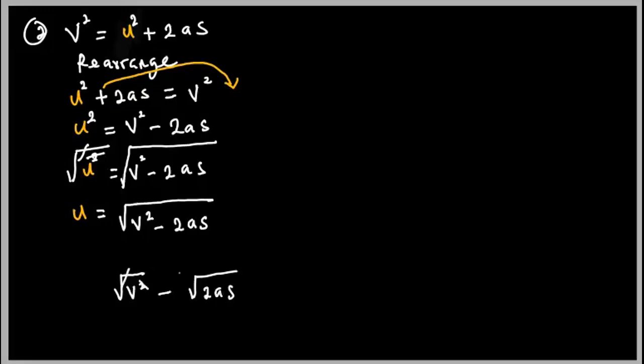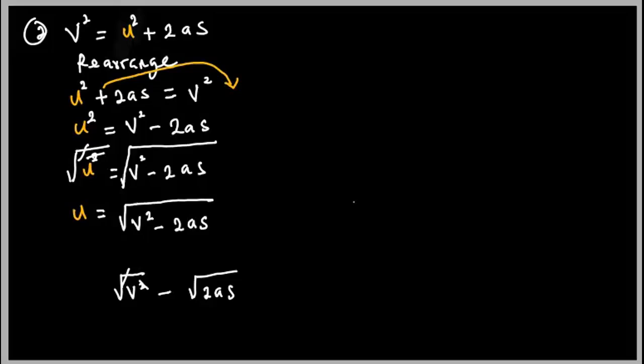You don't split roots when you are subtracting or adding. I think if you are adding here, you also should not split the contents under the roots. You can only split if you are multiplying.